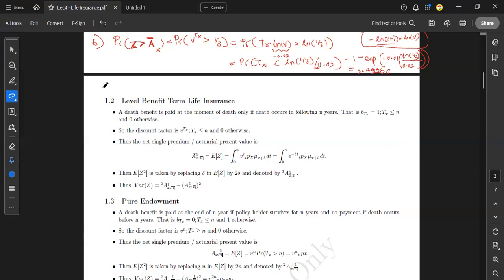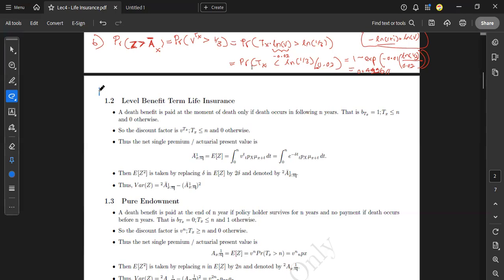In the previous case, I mentioned that the insurer covers the benefit payment from the time of purchase to the point of death, no matter how long they have to wait. In this case, it is term life.